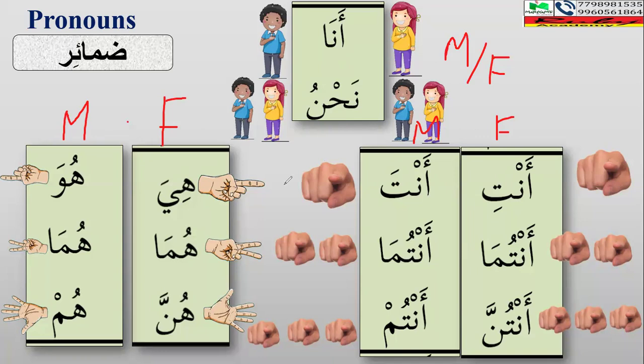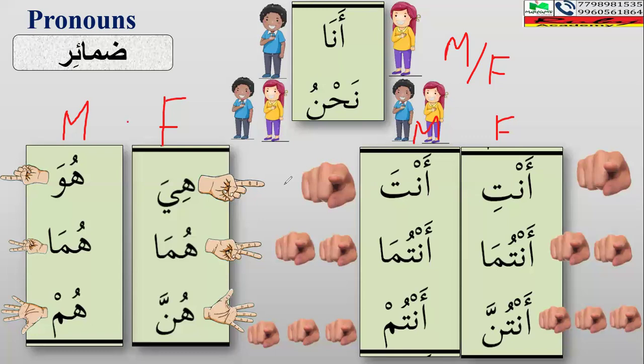This is only for the practice, how you will practice at home to remember these 14 pronouns. As I have told you, you take your left hand and right hand, you consider your left hand for masculine and right hand for feminine, and use your fingers. Huwa, he, one; huma, they, two; whom, they, two plus. Hiya, one, feminine; huma, they, two, feminine; hunna, they, two plus feminine.